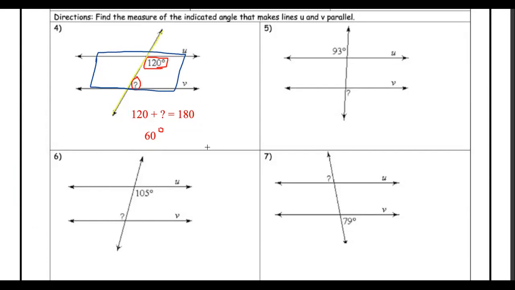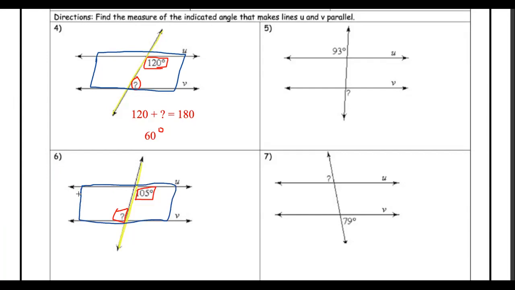We're going to do the same process. What did they give us? 105 degrees. What are they asking us to find? The angle right here, okay? Highlight your transversal. Highlight the interior so that we can decide what kind of angle pair we're talking about here.